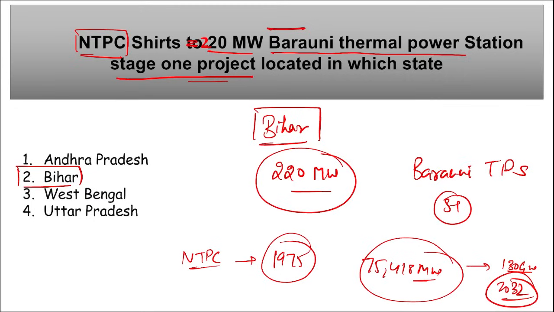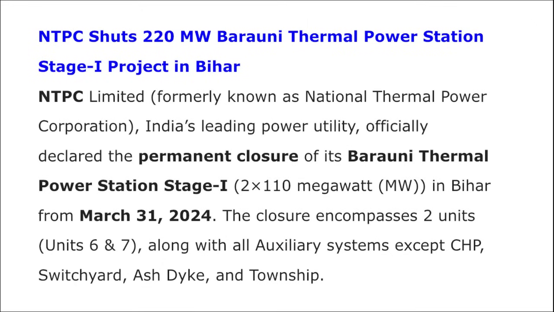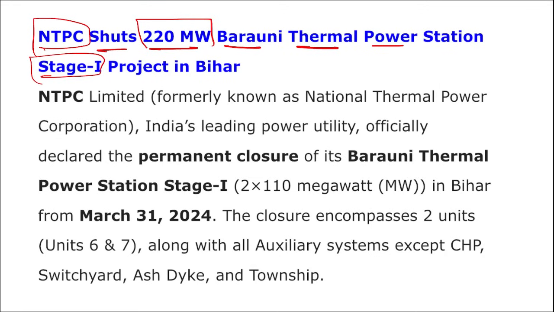And NTPC acquired this Barauni Thermal Power Station in Bihar from the Bihar State Power Generation Company in 2018, and now it has officially shut down. NTPC is a public sector undertaking that comes under the Ministry of Power. Next, here you can see NTPC shut the 220 megawatt Barauni Thermal Power Station Stage 1 project in the state of Bihar.